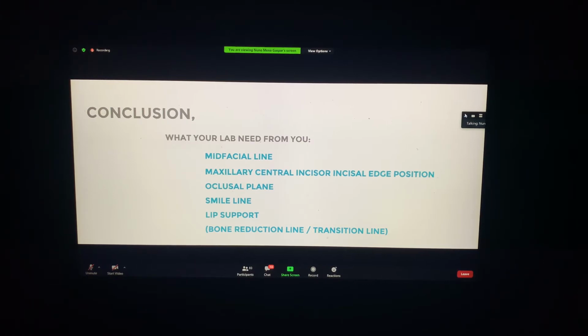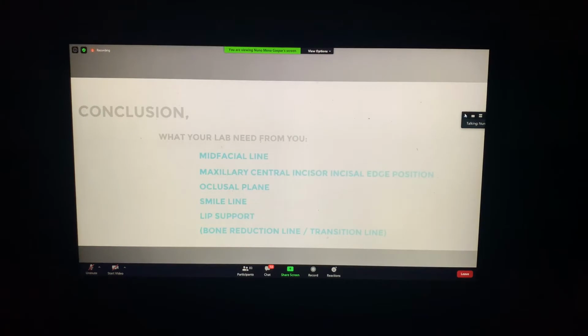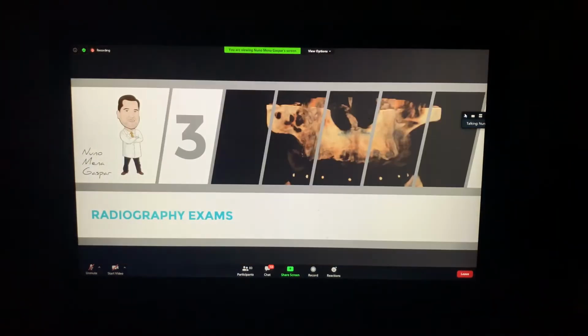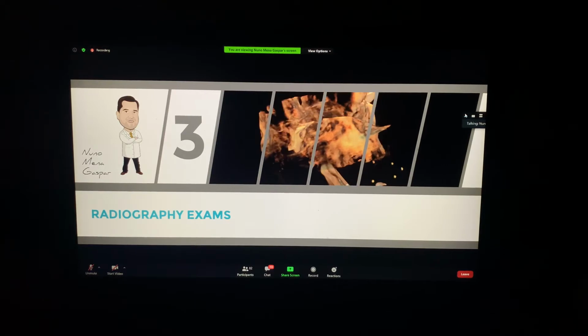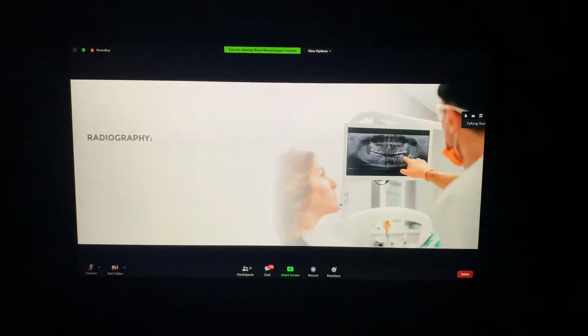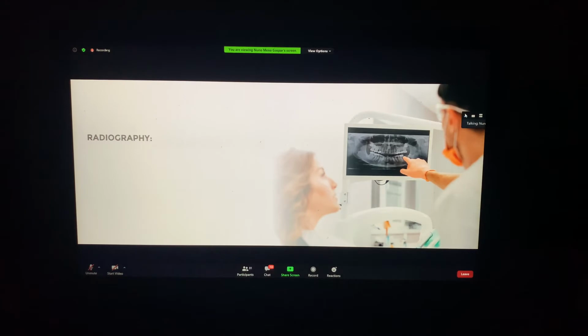Okay. So now that we have a denture, we will need to have some exams. If you have particular things you will need to know, you can use periapical X-rays.